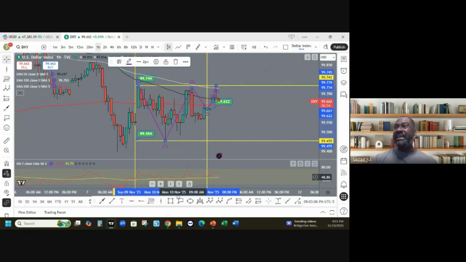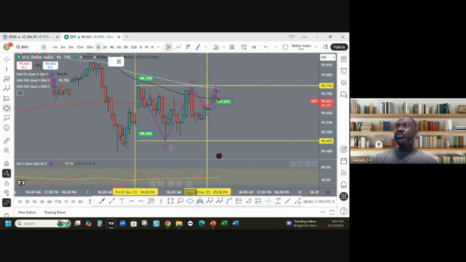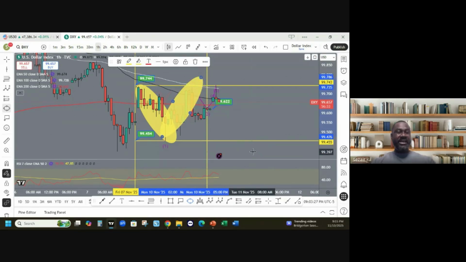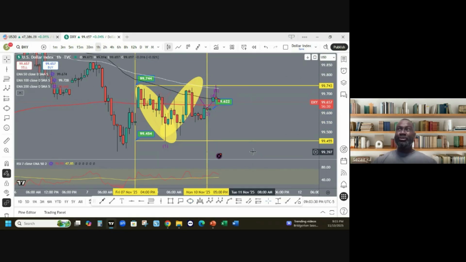In this area here, when the US dollar is going this way, you would sell it. But when it comes back here, the other way, you would buy it. You see that? This is what I want you to know. In this area here, we will sell. In this area, as it's going up, we would buy that pair, any pair that has the US dollar as a base currency.